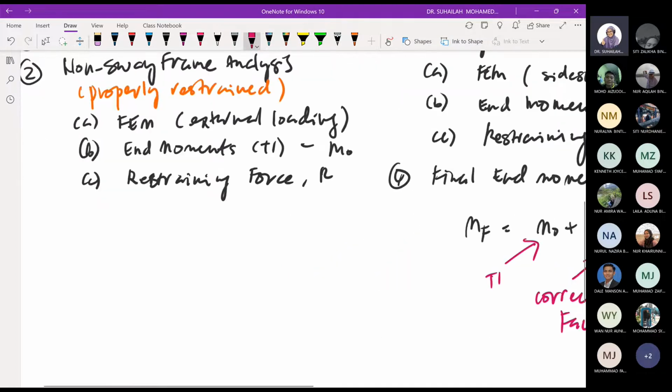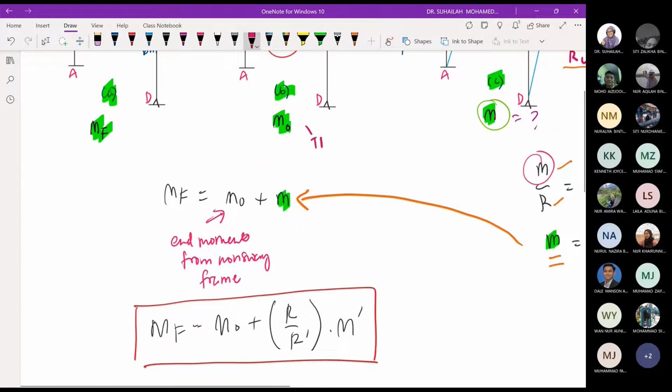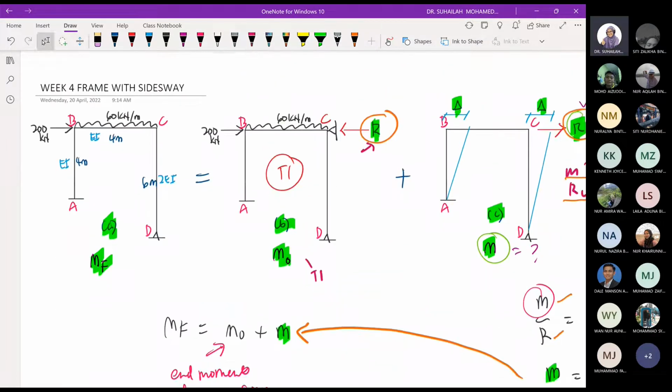So for the remaining 40 minutes, we will try to analyze this. Do you have any question so far before we move to the solution for this one?